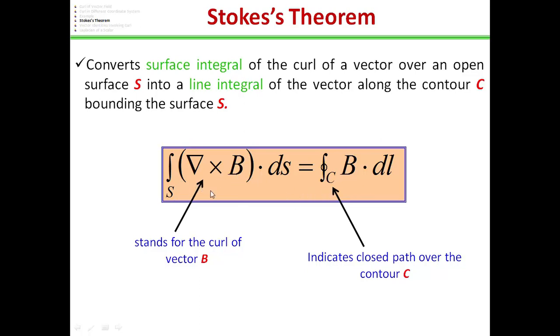So the Stokes theorem converts the surface integral of the curl of a vector over an open surface S into a line integral of the vector along the contour C bounding the surface S. Mathematically, Stokes theorem is written in this form. Del cross B over the open surface S is equal to B dot dl over the closed contour C.